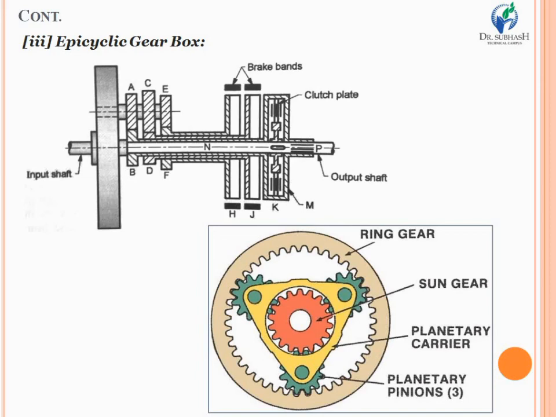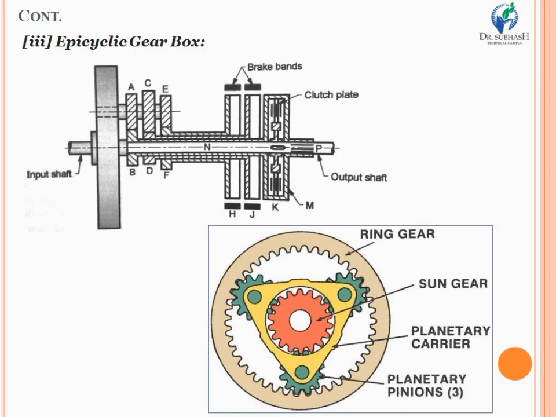Generally, this is the top speed gear. Now, in order to have the low speed gear, you just have to disengage the clutch and apply the brake on the drum J. Suppose for some period you require low speed. Then you have to remove the external force applied on the outer surface of M, and meanwhile apply the brake bands mounted above the plates.